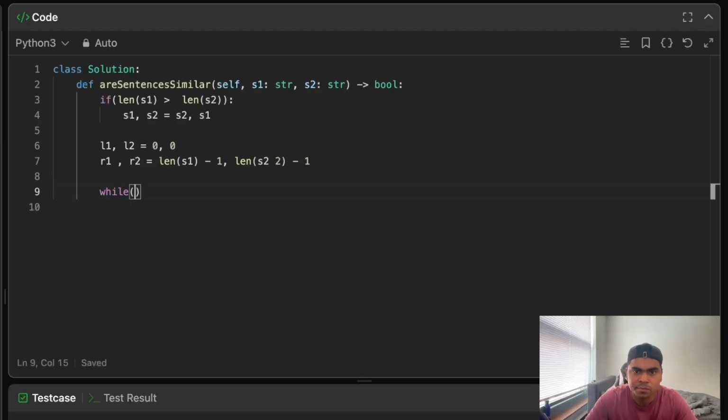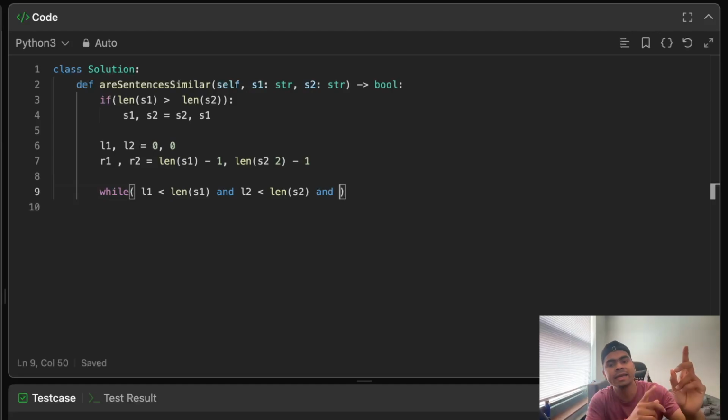So while L1 is smaller than length S1 and L2 is smaller than length S2, I want to check if the current words are equal. I can only keep moving forward if I see them equal. So S1 at L1 is equal to S2 at L2.